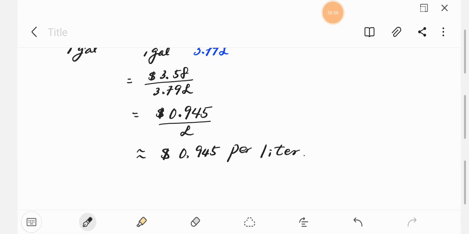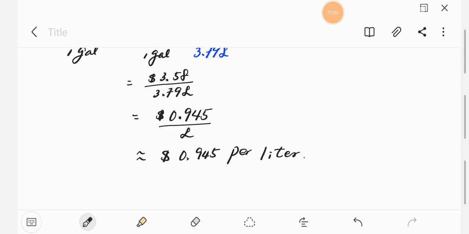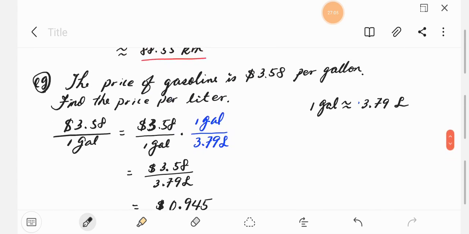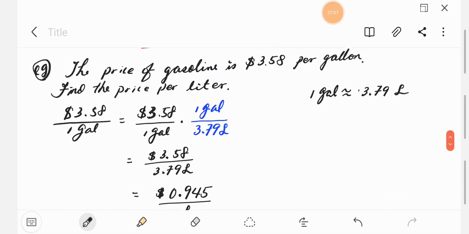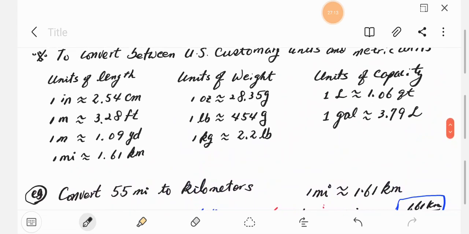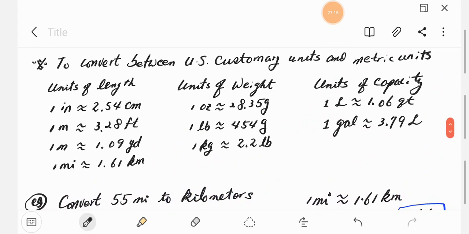All right, so the price is approximately $0.945 per liter. Okay, so this is it. Using the conversion rate is really important when you convert a unit to a different unit. It's also important to know how to use these units to compare different units. Okay, so that's it for this section.